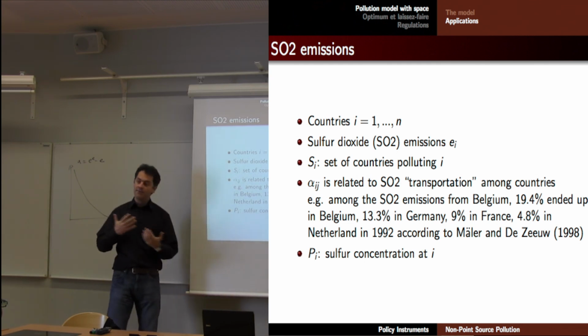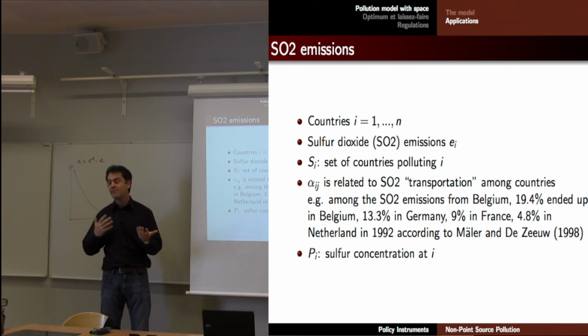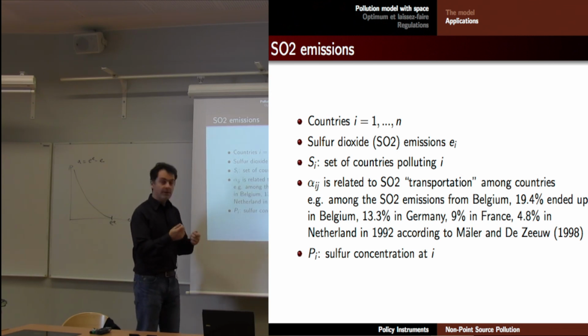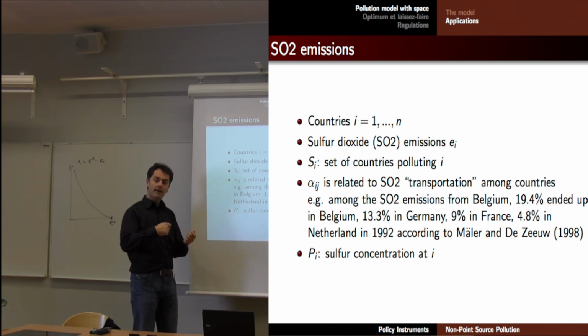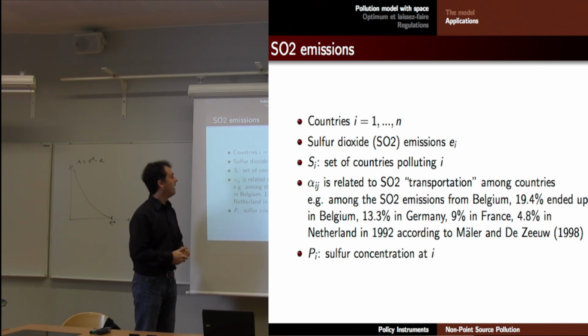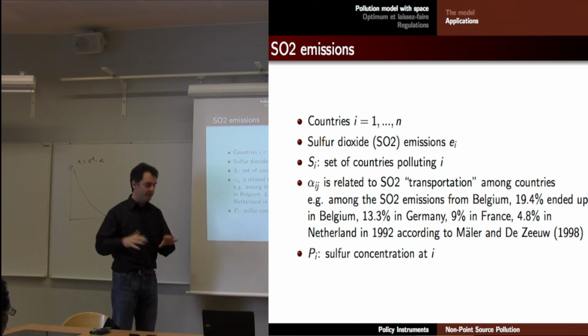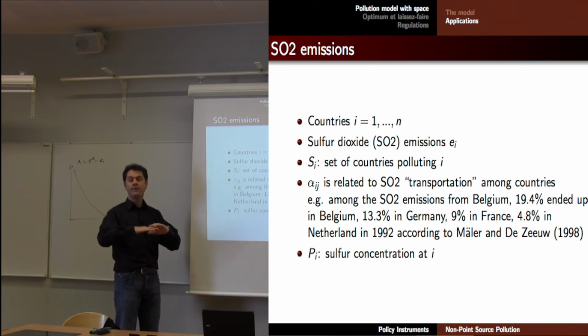So in this case, it's not completely symmetric, and the diffusion is not uniform. It's partly symmetric because each country that is emitting is at the same time victim and also polluter, but the rates of emission differ, and more importantly, the emissions do not diffuse uniformly, let's say in Europe, for instance.